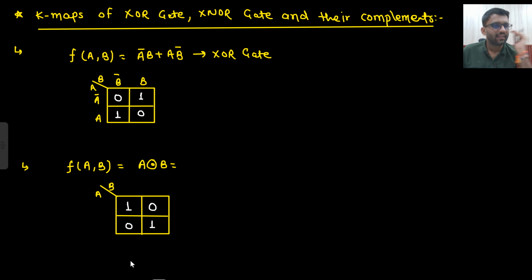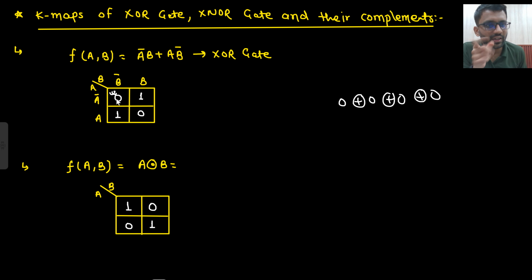So you know one thing, that 0 XOR 0 will be 0 only. 0 XOR 0 XOR 0 any time will be 0. And the first term is always 0 only. So XOR gate will start from 0 onwards. Are you getting this point? This particular cell will always be 0, 0 in 2 variable.